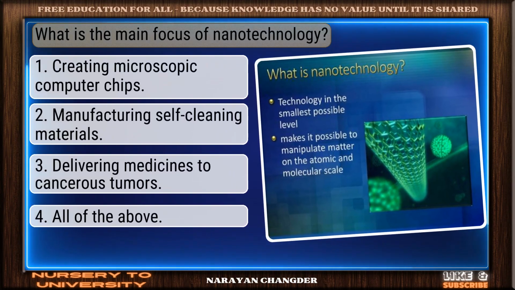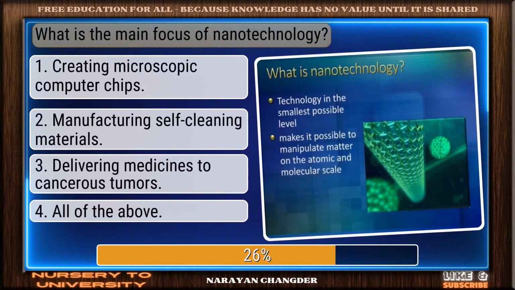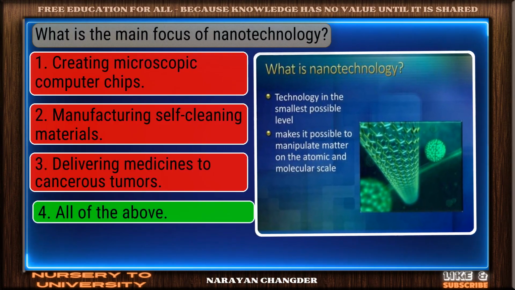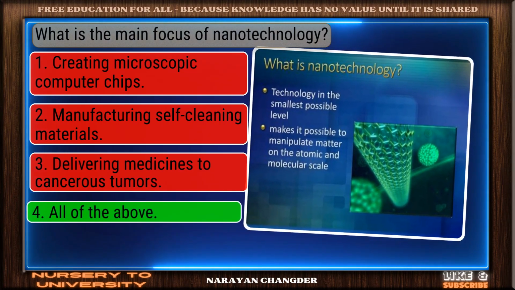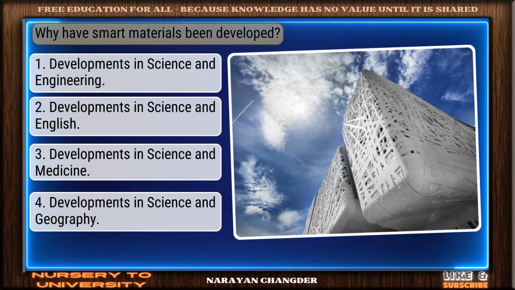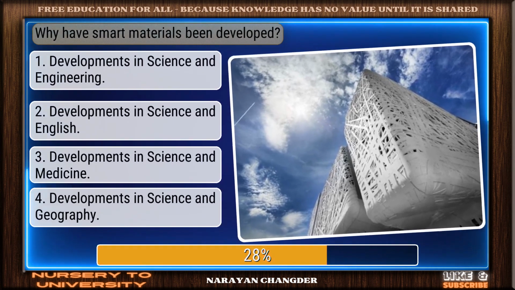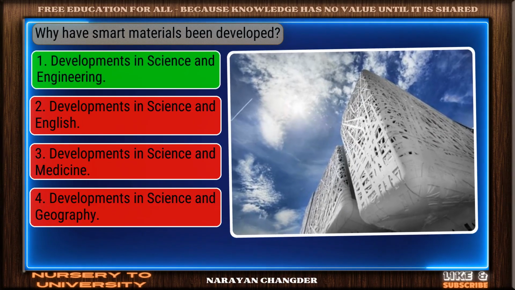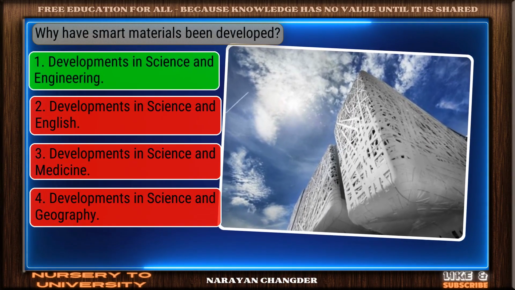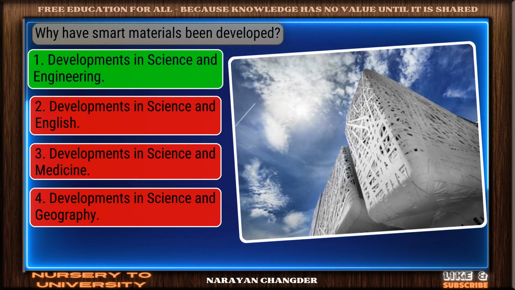What is the main focus of nanotechnology? Nice work. You chose all of the above, and it is correct. Why have smart materials been developed? Valid point. Developments in science and engineering is true.